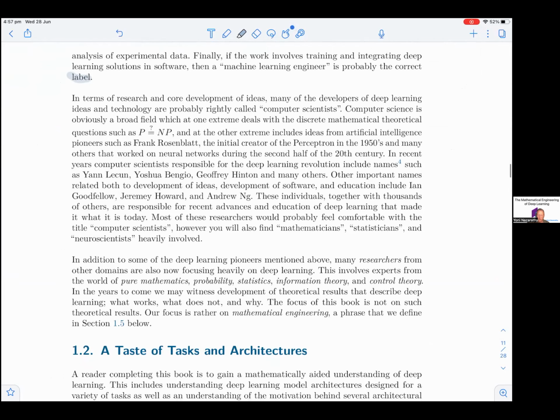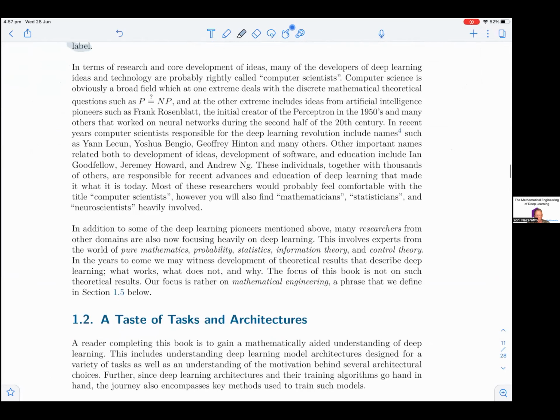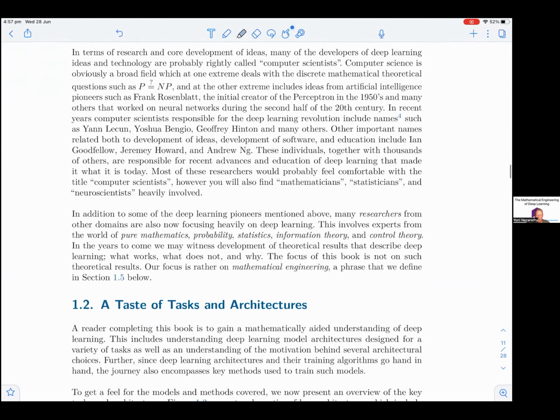In terms of research and core development of ideas, many of the developers of deep learning ideas and technology are probably rightly called computer scientists. Computer science is obviously a broad field which at one extreme deals with the discrete mathematical theoretical questions, such as P equals NP or not.